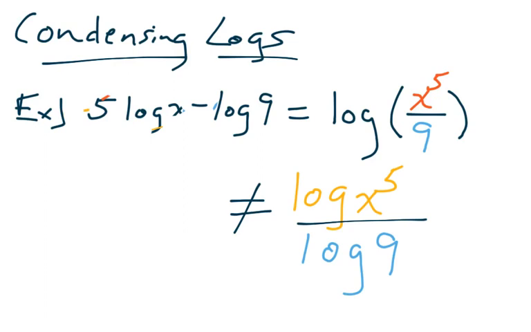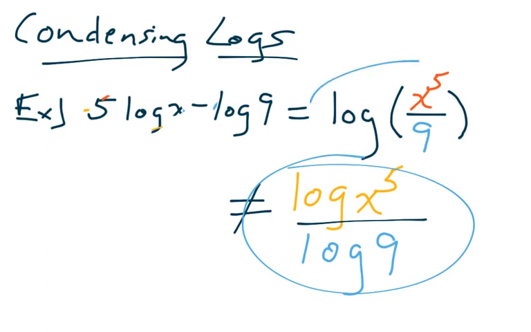This actually uses 2 logs to divide, and that looks a little bit more like the change of base formula. But the bottom line here is that this division of 2 logs is not equal to the log of the division of just x to the 5th over 9. Okay, so be careful that we don't use the change of base formula as a substitution for properties of logs.